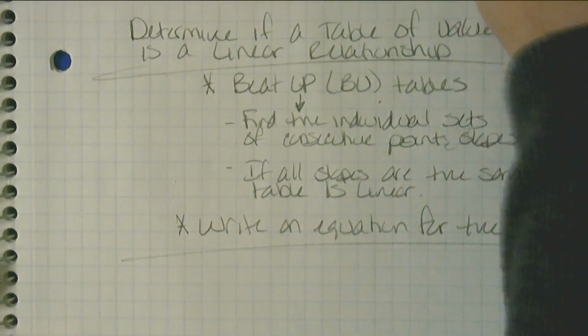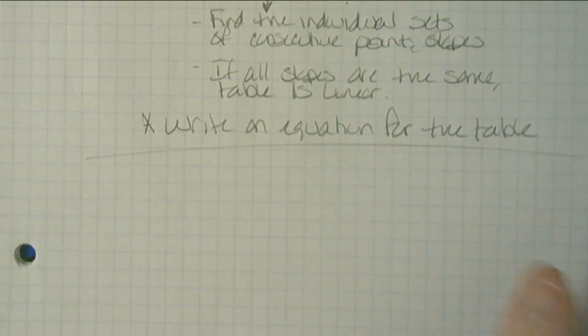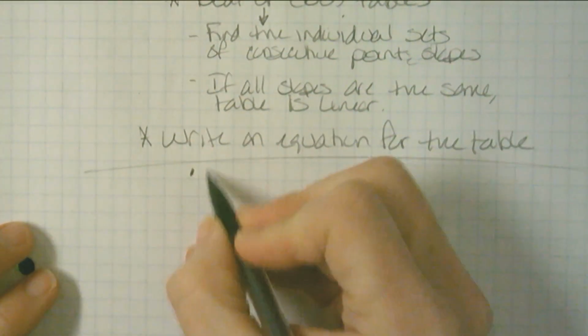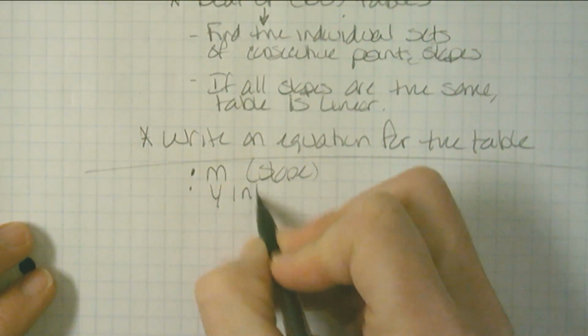What are the two things I need to be able to identify on my table to write an equation from the table? Once I determine that it's linear, what are the two elements I need? Remember, we're writing in slope-intercept form. Yeah, we need our slope, and we need the y-intercept.